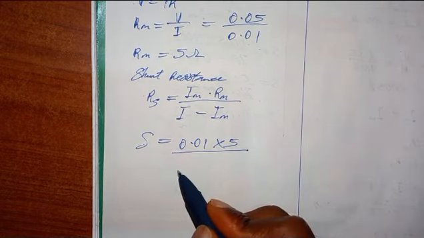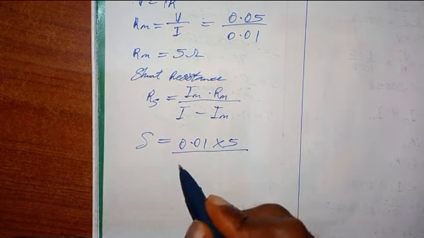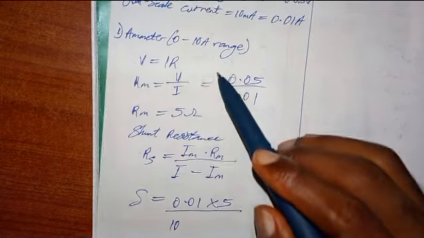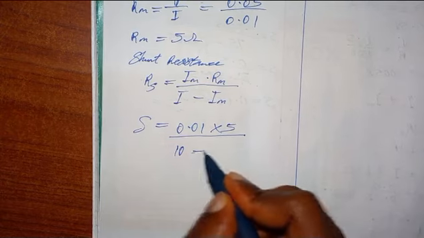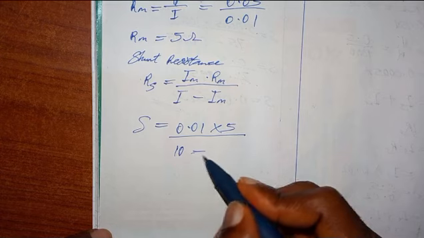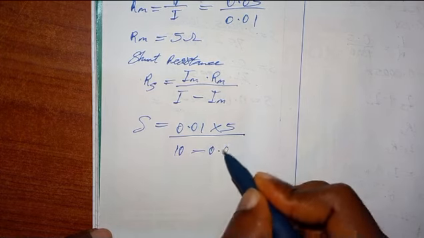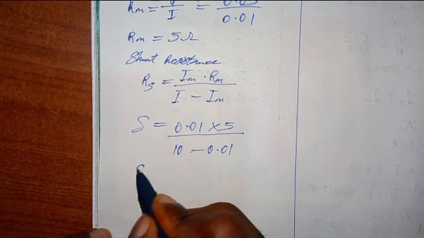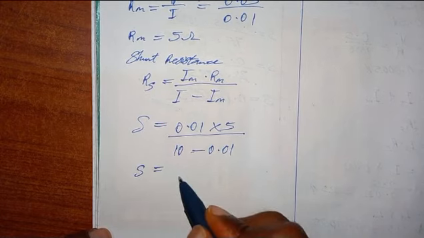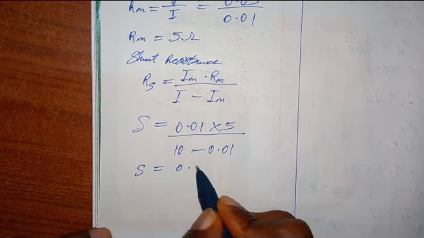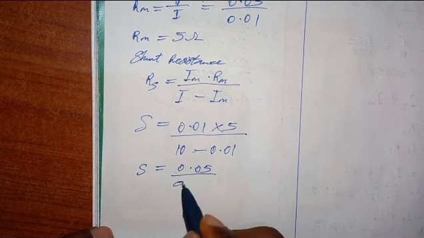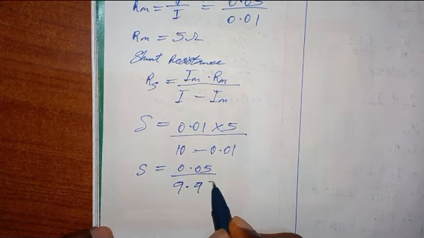And the ammeter range is 10 amp, 0 to 10 amp, minus 0.01, which is the Im. So you now solve this. S will be equal to 0.05 divided by 9.99.